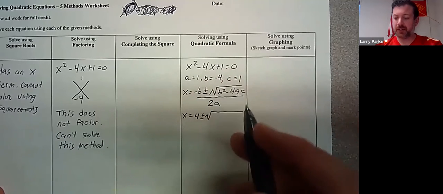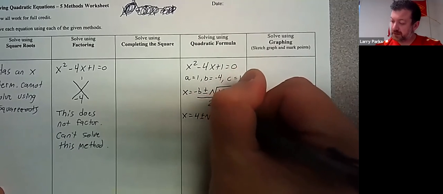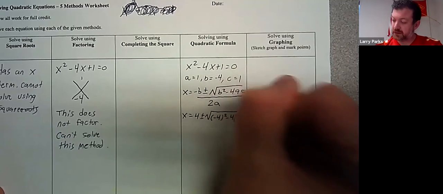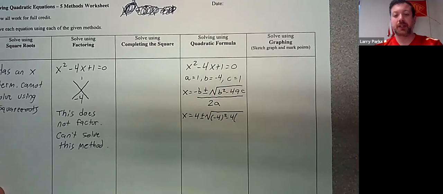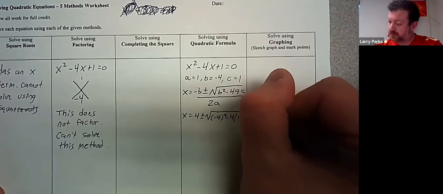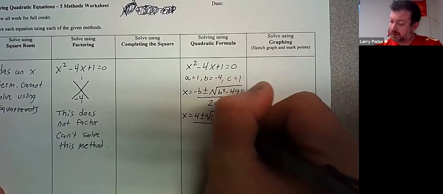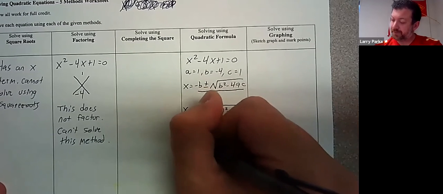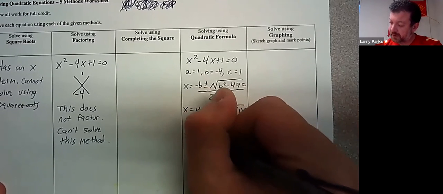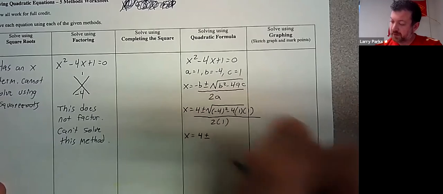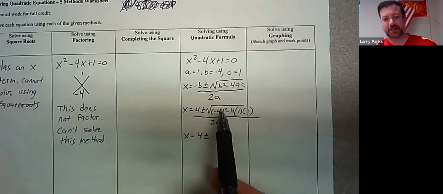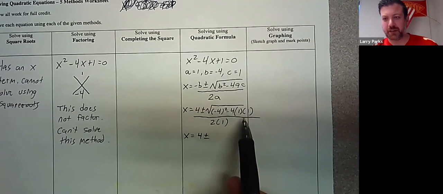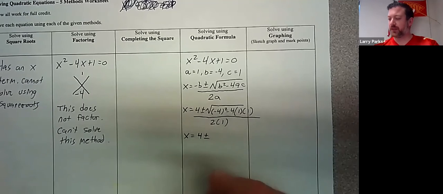And then you have negative 4 squared. And then a is 1 and c is 1. I'm going to be lazy and, well, I could do this in my head. That's 16 minus 4. Let's see, 16 minus 4 is 12, so that'd be the square root of 12.